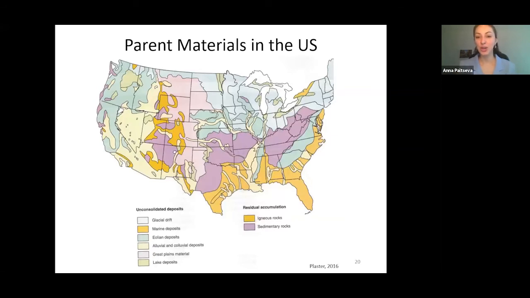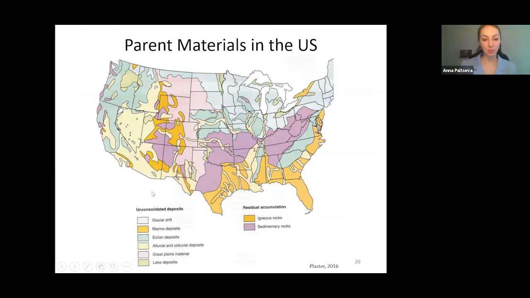So in the US, at the moment, we have parent materials that are very diverse. We see the different sedimentary rocks, the igneous rocks, Rocky Mountains, there are some marine deposits. Here's the glacier drift, you see it's like the northeast.